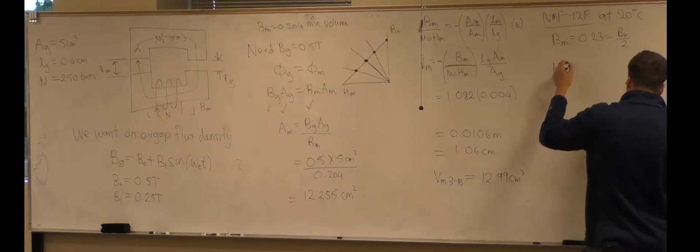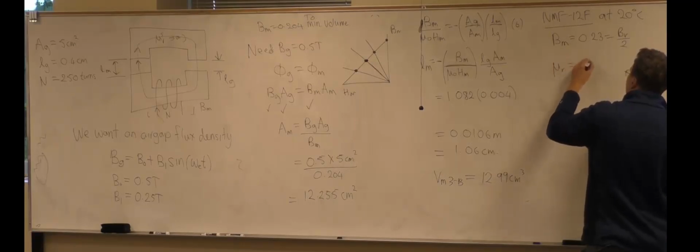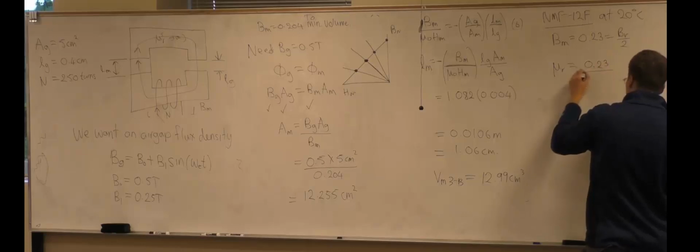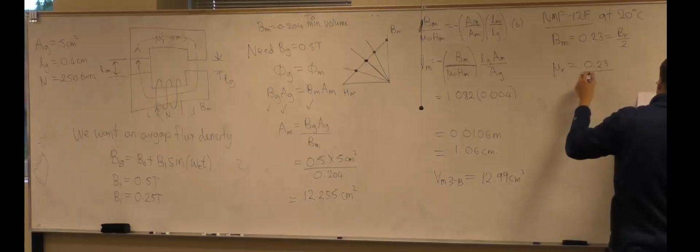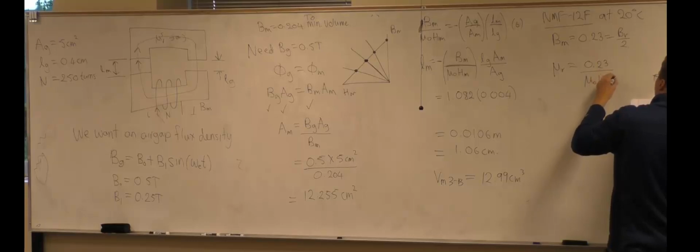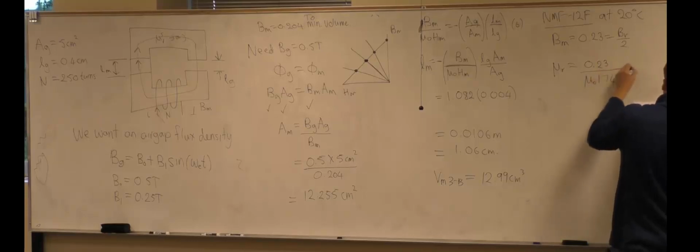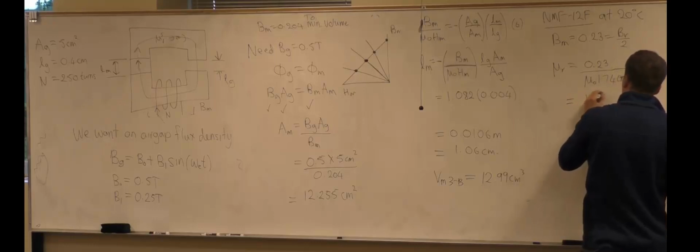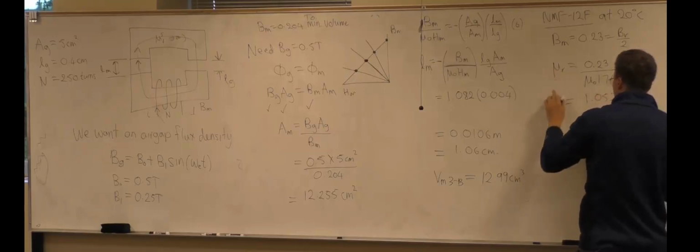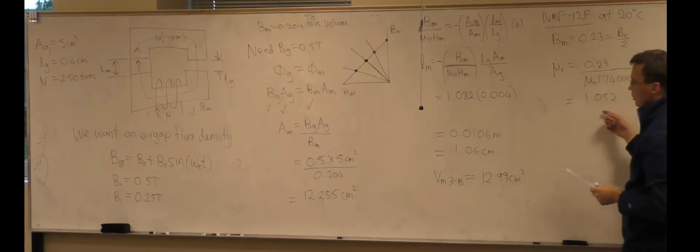We can just take that from one point. If we choose the 0.23, the corresponding HM is 174,000, and so that gives 1.052. That's the relative permeability. So the relative permeability is close to 1, but it's not 1.